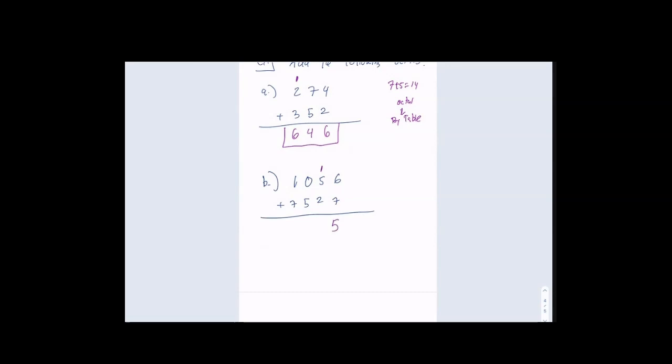Now, 5 plus 2, I always like to do the first 2 and then I add the 1. 5 plus 2 is 7. Uh-oh. This is where we get the tricky one. And I get 7 plus 1, which is not 8. There's no 8 in octal. This is that instance where 5 plus 2 plus 1 would be 8 in decimal.